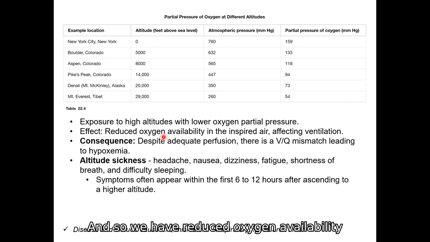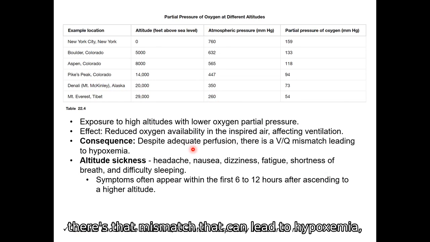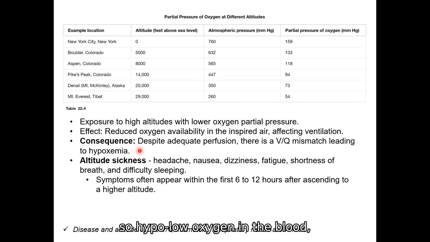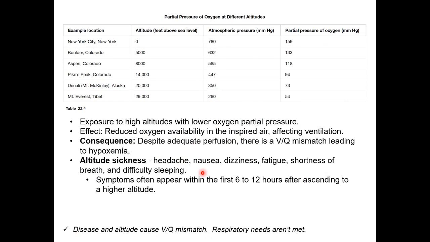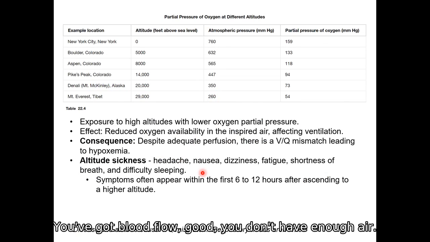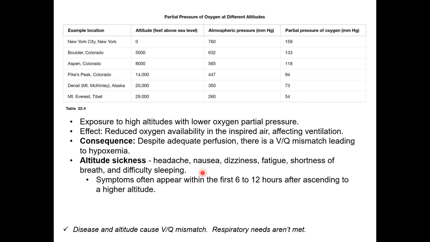And so we have reduced oxygen availability in inspired air affecting ventilation. So the consequence, despite adequate perfusion, is that mismatch that can lead to hypoxemia, so hypo, low oxygen in the blood, and that's where you get altitude sickness. So they just chose that as an example to show you that mismatch. You've got blood flow, good, but you don't have enough air, you don't have enough oxygen there.